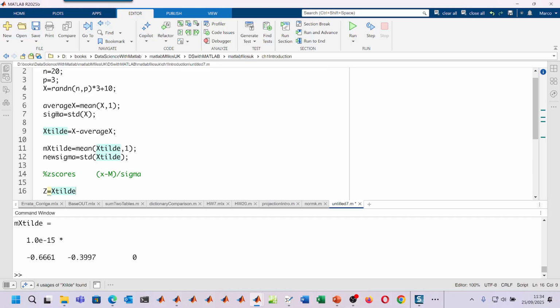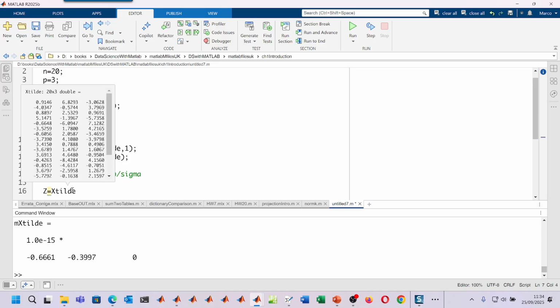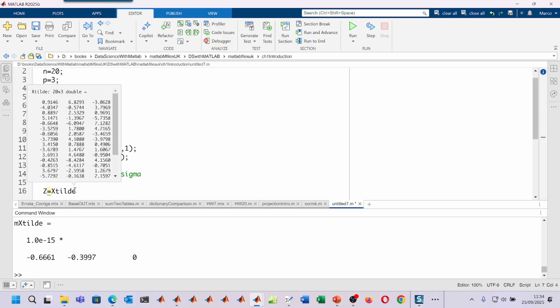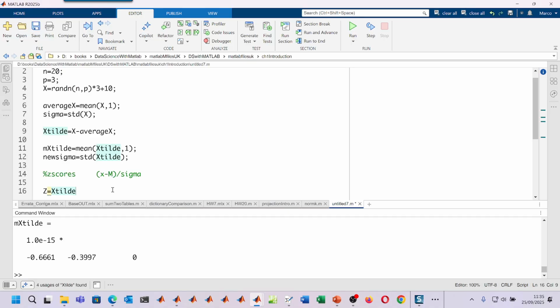Now, this sigma is 1 times 3, and the x tilde is 20 times 3. You see the point. So the 20 values of the first column you have to divide by the first element of sigma. Second column divided by the second element, and so on. Therefore, something like that.